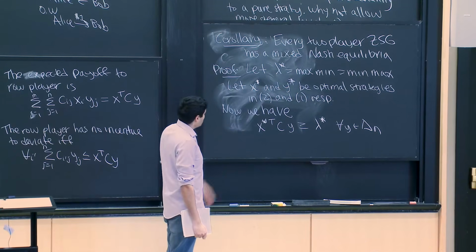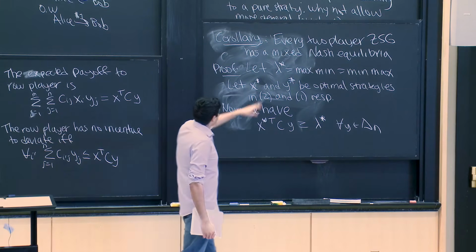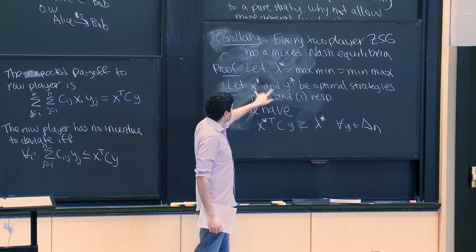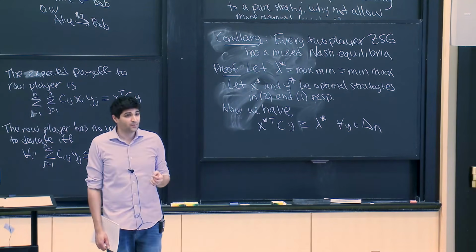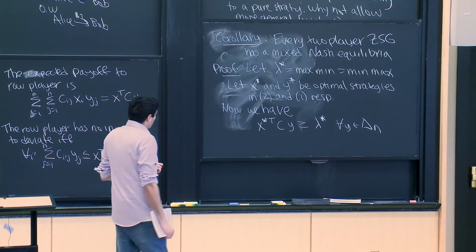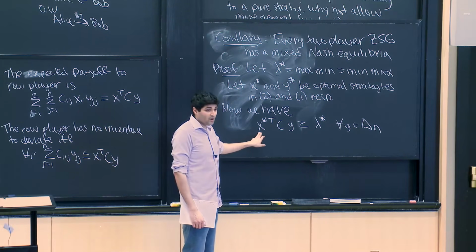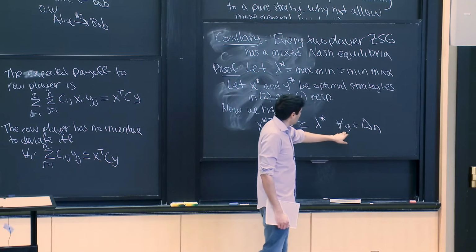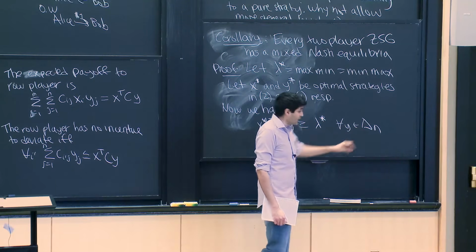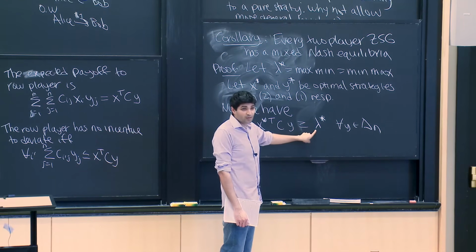So what does this inequality mean in words? So we know that lambda star is the payoff when these two players play x star and y star respectively. And so what's going on here is that when the row player pre-commits to x star, I claim that no matter what the column player does for his strategy, the payoff is at least lambda star.